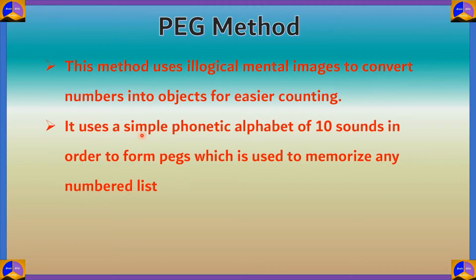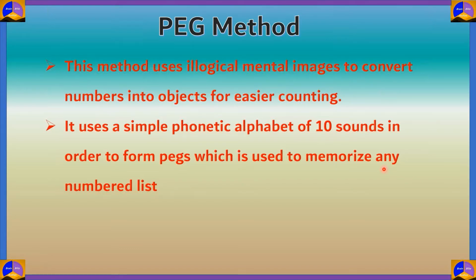It uses a very simple phonetic alphabet, an alphabet consisting of sounds. This alphabet has only 10 sounds for the digits 0 to 9. We use this phonetic alphabet to form the pegs, which we use to memorize any numbered list. So if you want to remember the number along with the object, then you can use the PEG method.